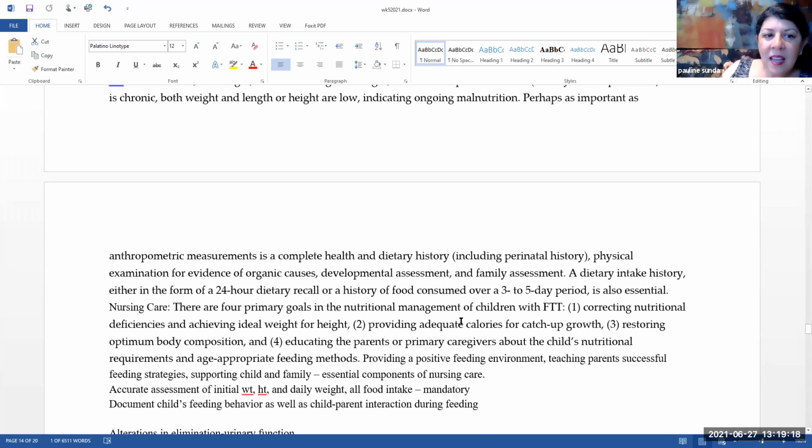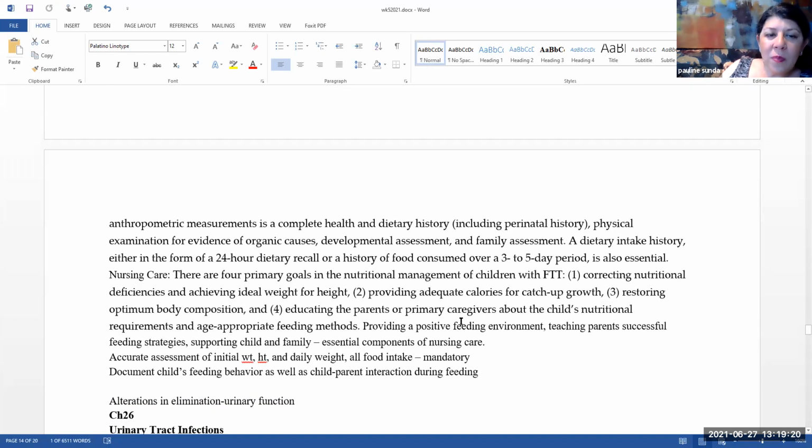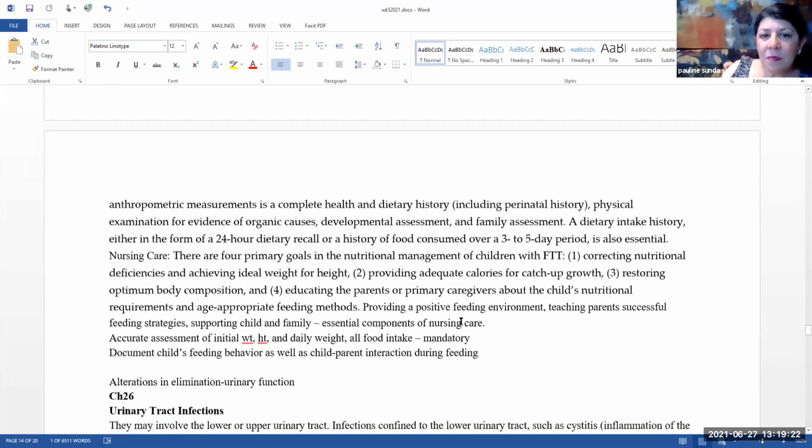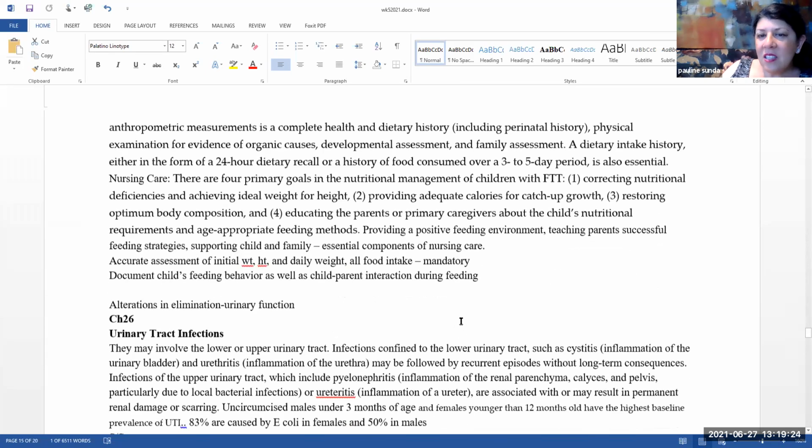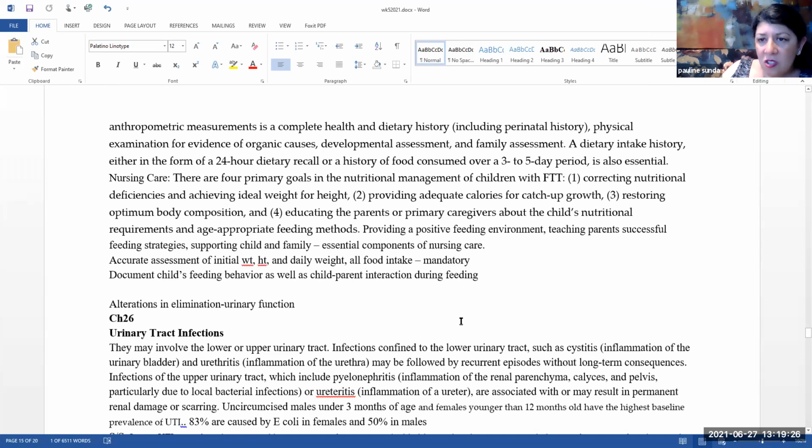Perhaps as important as the anthropometric measurements is a complete health and dietary history, including perinatal history, physical examination for evidence of an organic cause, developmental assessment, and family assessment. Dietary intake history, either in the form of a 24-hour dietary recall or a history of food consumed over a 3 to 5 day period, is also essential.